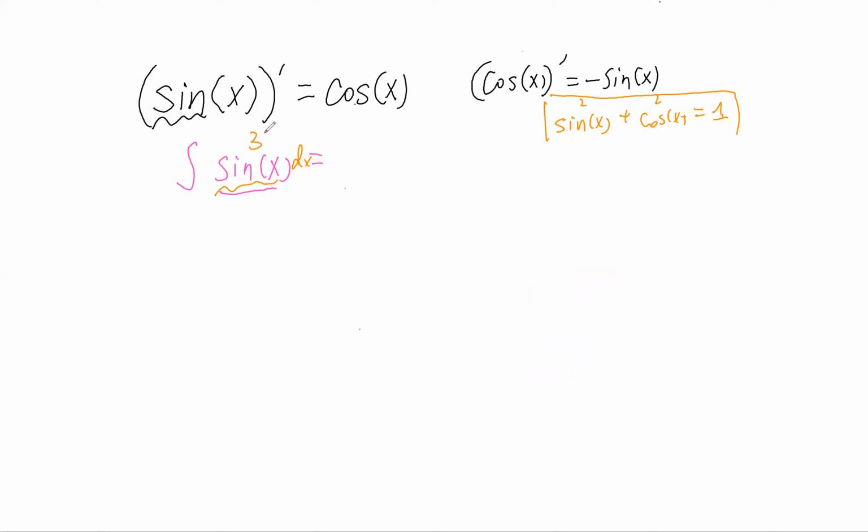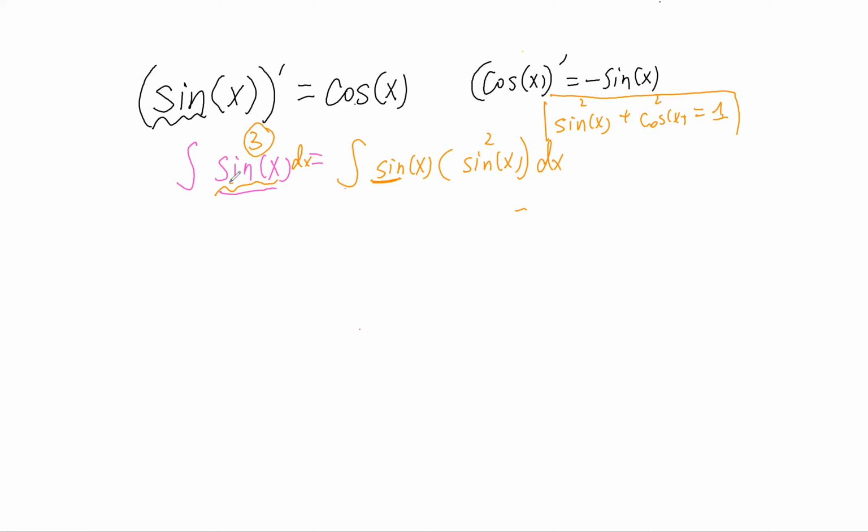Now let's think about what we can do. Can we have something in front to prepare? I can move one sine in front. Because I'm trying to think, this is my exponent.